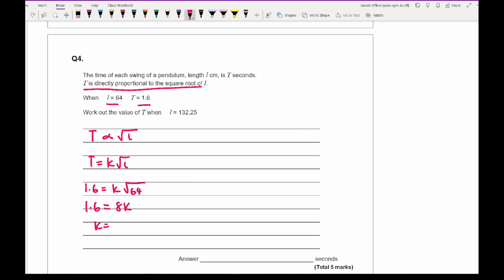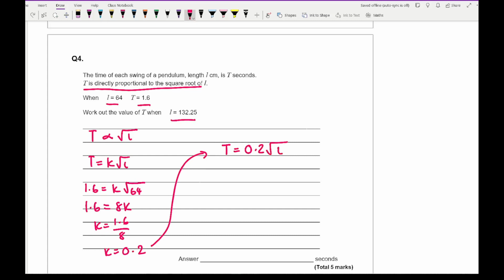So k equals 1.6 divided by 8. So k equals 0.2. So from this, what we've then got is a formula of T equals 0.2 times the square root of L.